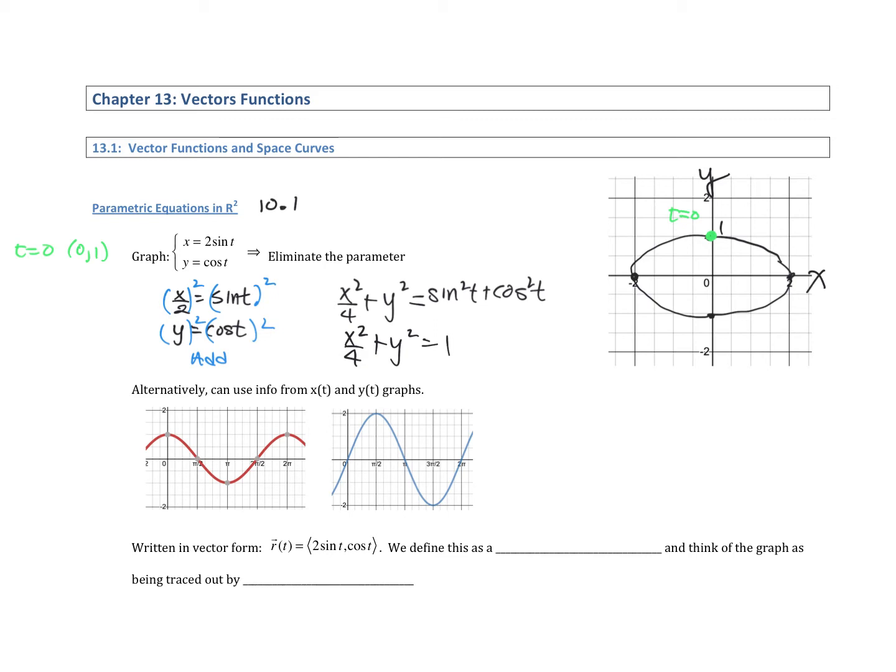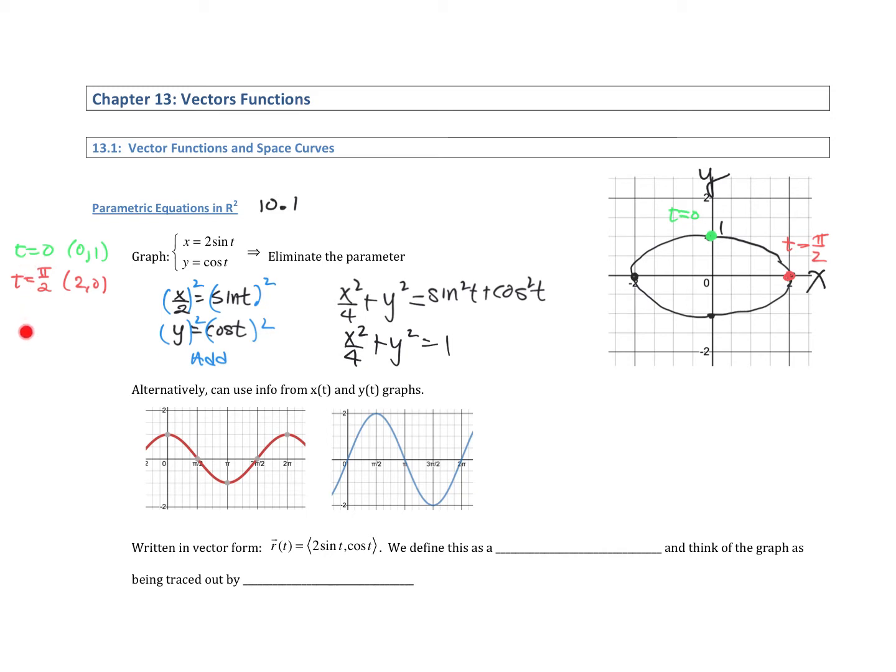We can do this for other points as well. Suppose I put in t equals, say, pi over 2, just because it's easy to substitute in. Sine of pi over 2 is 1, cosine is 0, so I get (2, 0). So I'm at this point when t equals pi over 2.